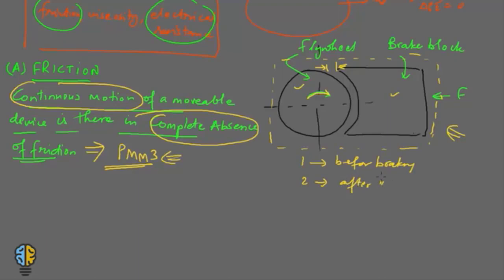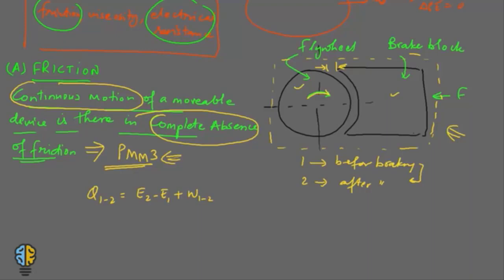If you apply the first law to the process of braking, the heat transfer in going from 1 to 2 is equal to the change in internal energy plus the work done in going from 1 to 2.